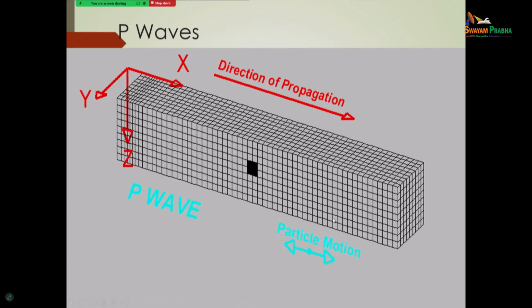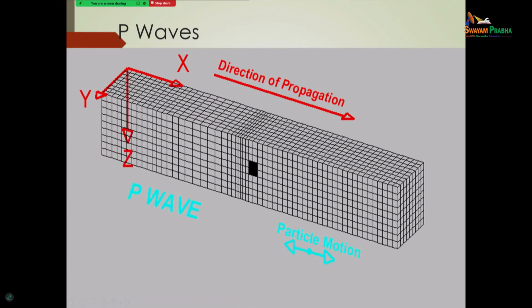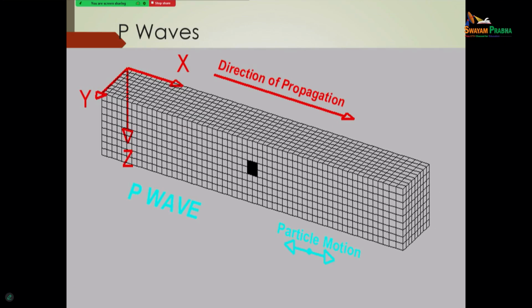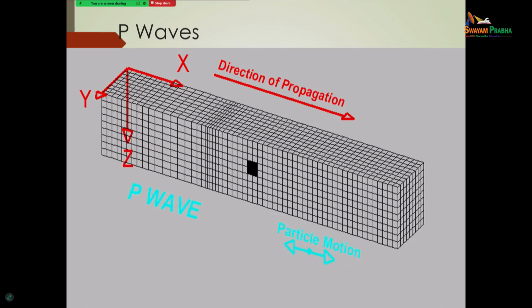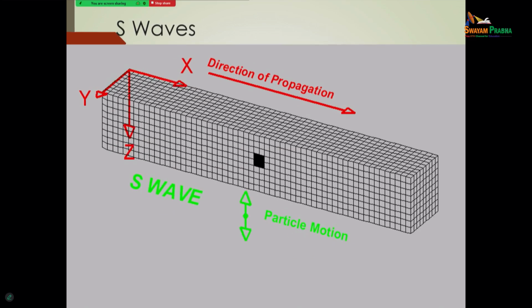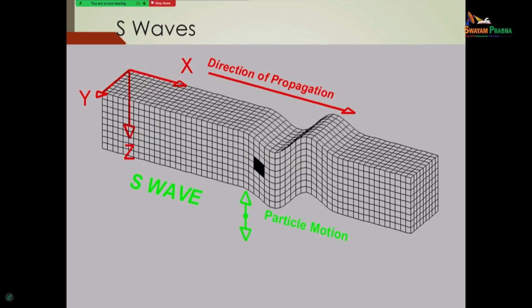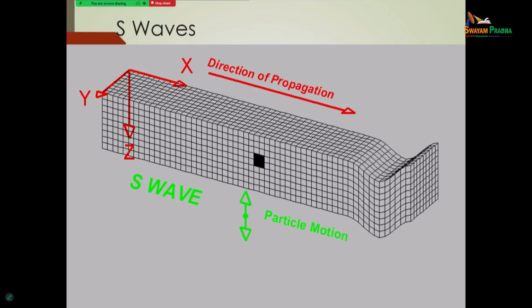The first one is compression waves. These are like sound waves. The direction of propagation is still the same, but you have a different mechanism of transfer. Then you have the S waves that you see. These are the two primary types of waves, and this occurs in any seismic motion also.